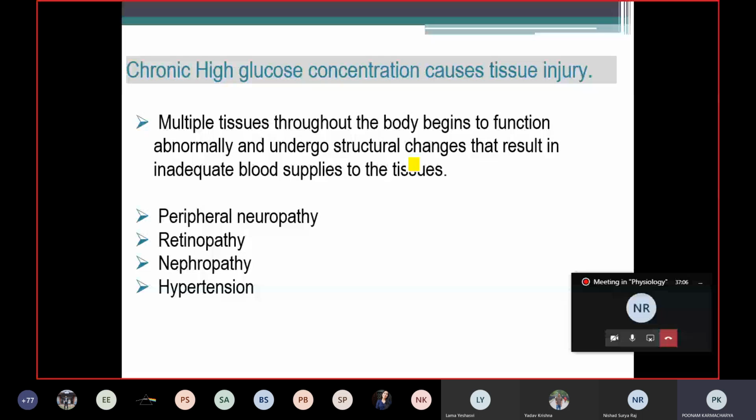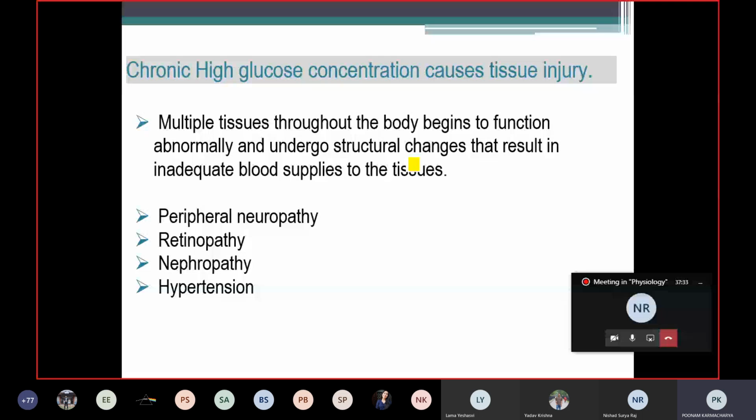Because of chronic high glucose concentration in the body, there will be structural changes in the blood vessels and in the cells, leading to inadequate blood supply to the tissue. And because of this, you can see various complications of high blood glucose concentration in the body.